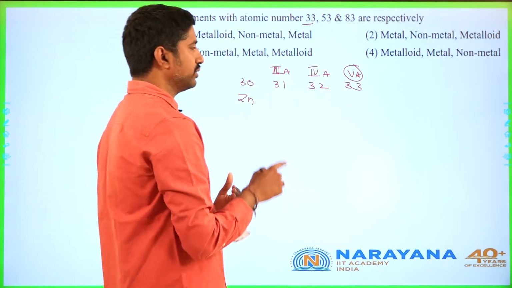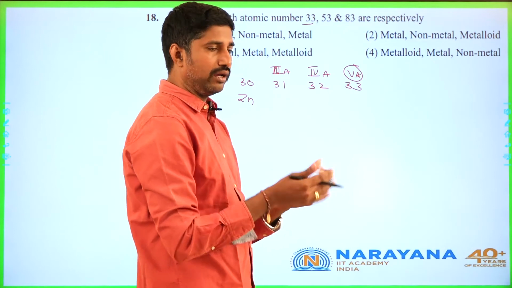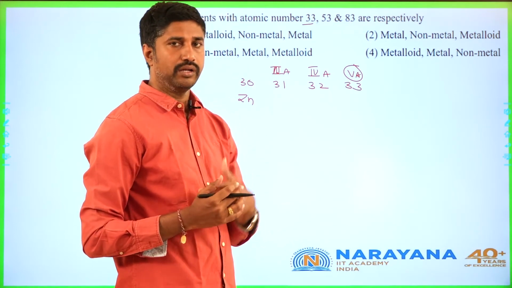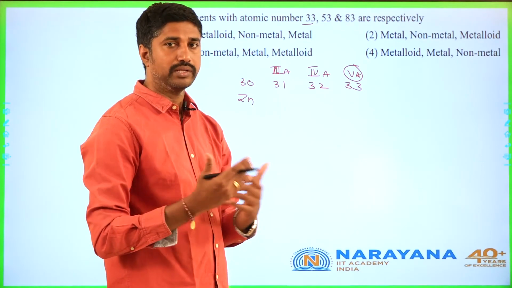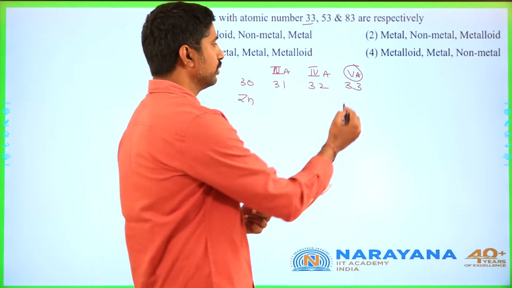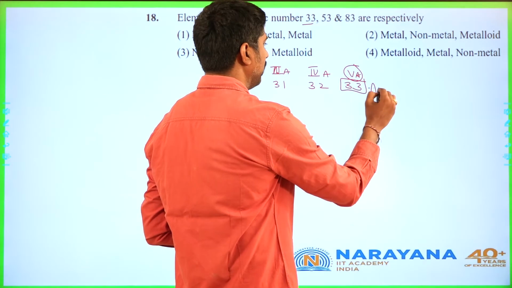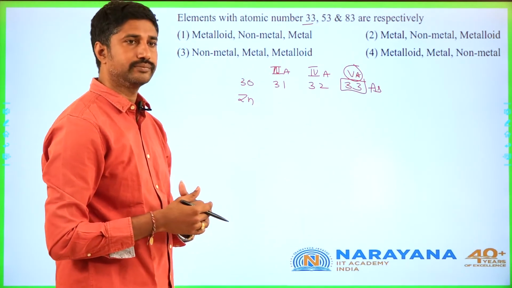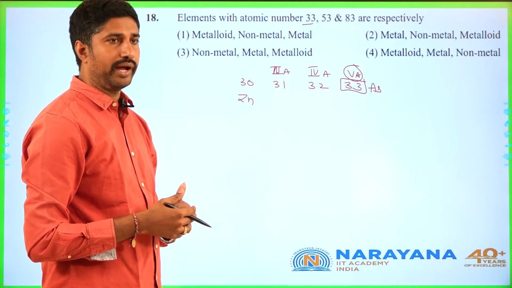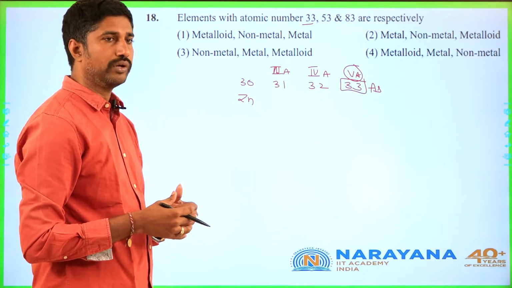Nitrogen has atomic number 7 and phosphorus 15, and adding 18 to 15 gives 33. So this is arsenic. That is a simple idea.